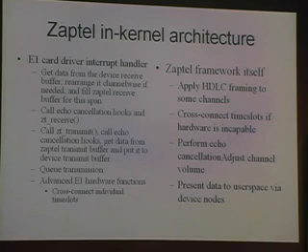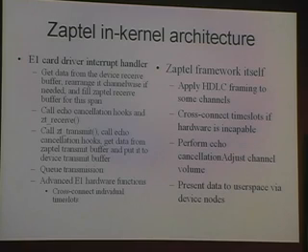It's actually a huge piece of code, this Zaptel framework, which can do many of the things I just mentioned on the right side of the slide. We can apply HDLC framing to some channels. We need to do this because ISDN Q.931 runs over HDLC, and HDLC requires that we generate flag bits. They need to be generated in the kernel because the free space in your frame needs to be filled with flags, and that can be done only on output buffer filling.